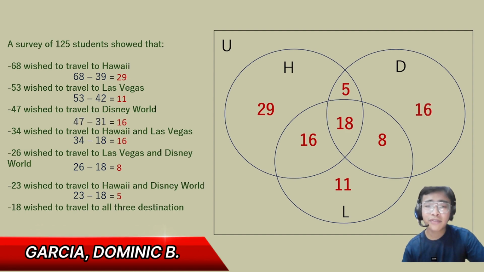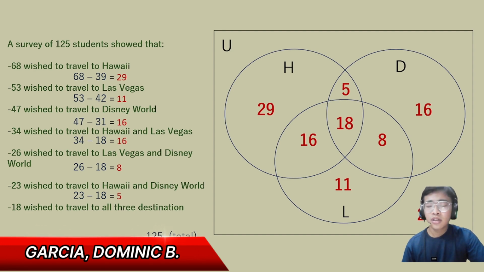After we get the values inside our Venn diagram, we should get the value outside of it. So 125 in total minus 103 in the circles, I get 22 on the outside.